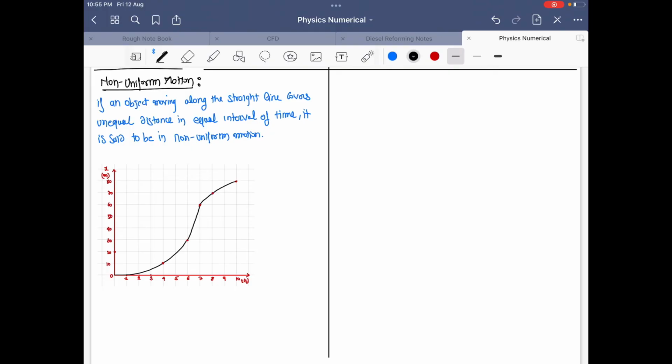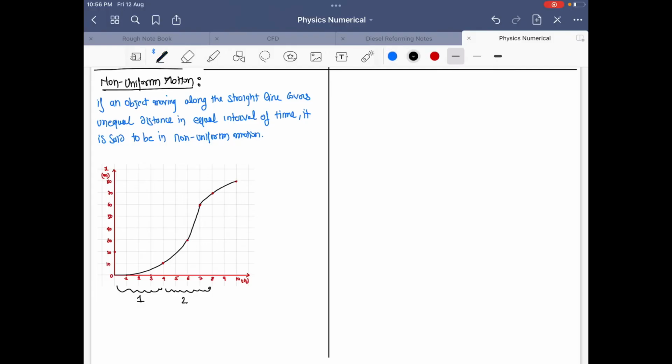Let me try to show this: we will take 2 intervals. This is my first interval, this is my second interval. Equal intervals, 4 seconds. Let's take 2 intervals only.